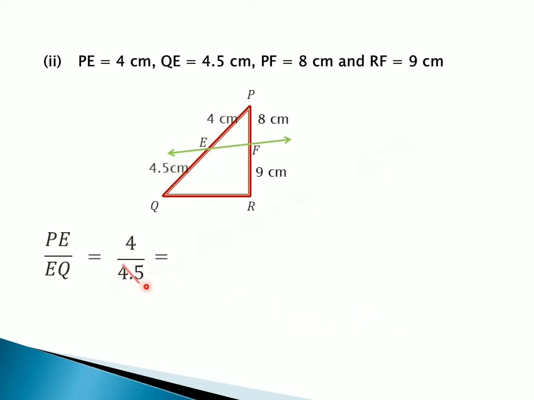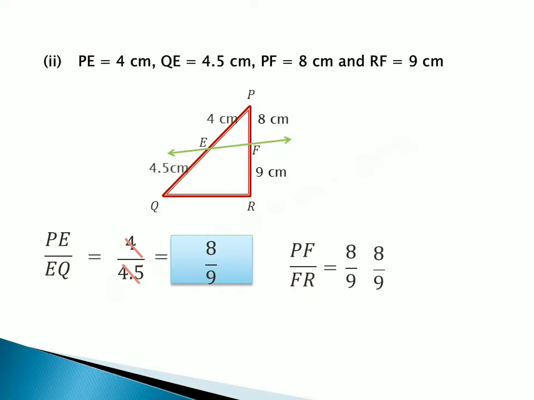This becomes 40, this becomes 45. So 5 9s are 45, 5 8s are 40. So 8 by 9. For this ratio PF by FR, 9 by 8.